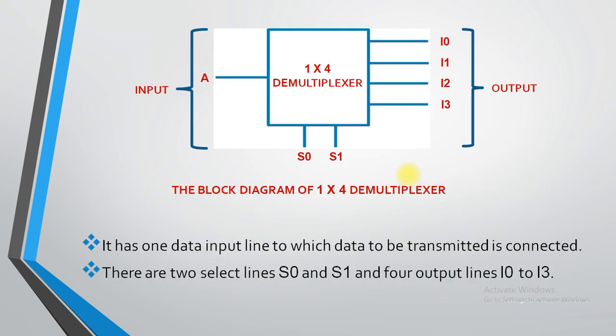Here is the block diagram of demultiplexer, in which we have passed one input line which can be represented as a variable A. There are 4 output lines which are represented with I0 to I3. There are 2 selection lines which you need to draw with the multiplexer or demultiplexer.